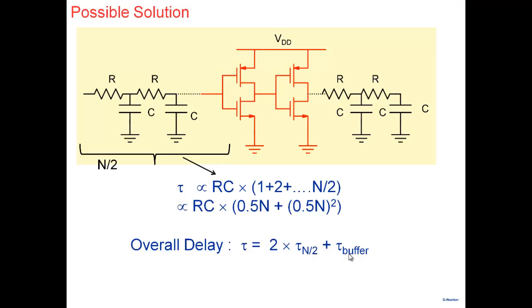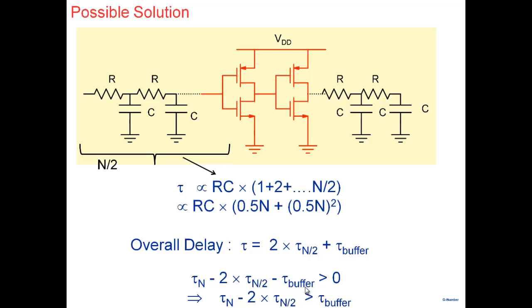So breaking up a large chain of cascaded transmission gates through buffers can potentially help you reduce the delay, provided, as you can see here, the earlier delay was tau N, a transmission line of size N. Now the delay is 2 tau N by 2 plus tau buffer.